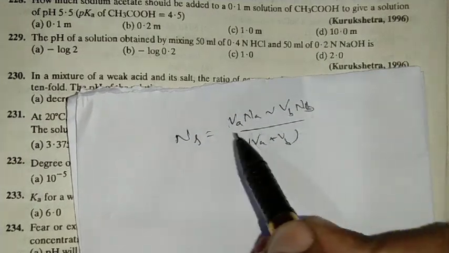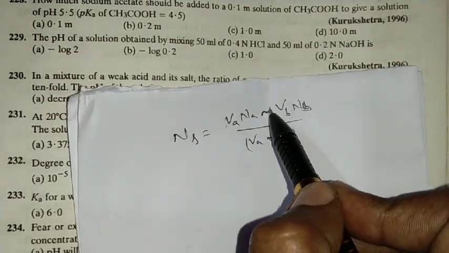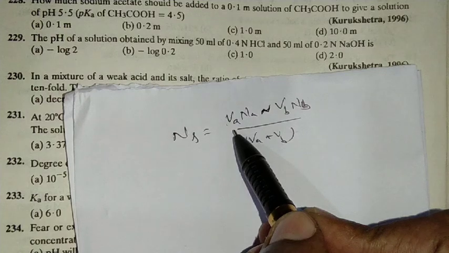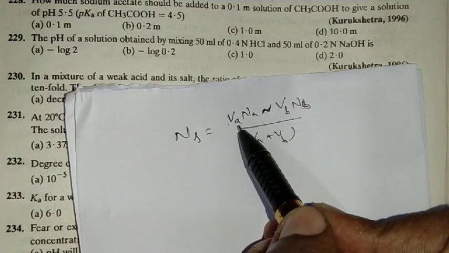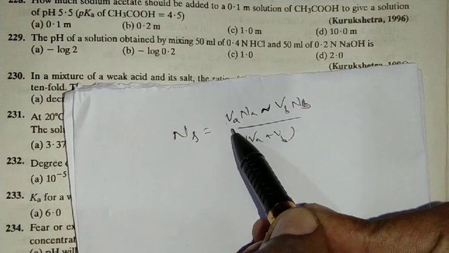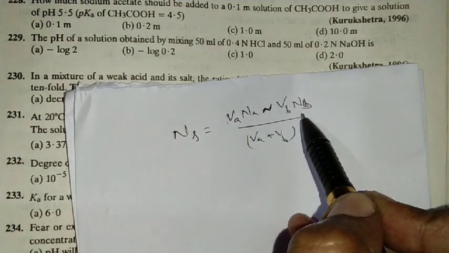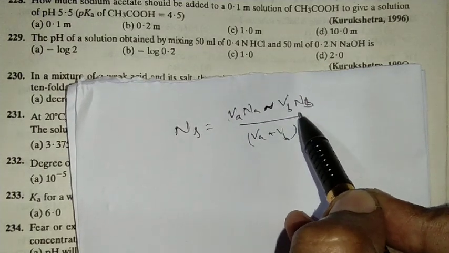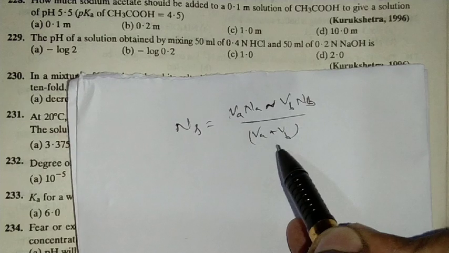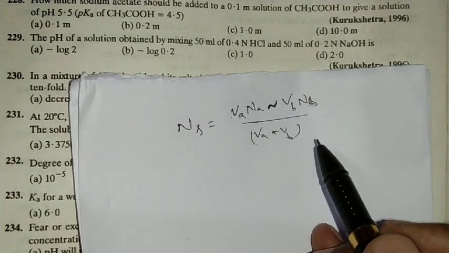So here volume into normality, which value is more? Suppose acid normality into volume of the acid value is more, then you take VA NA minus VB NB. If base value is more, then you take VB NB minus VA NA, divided by VA plus VB, which is common.